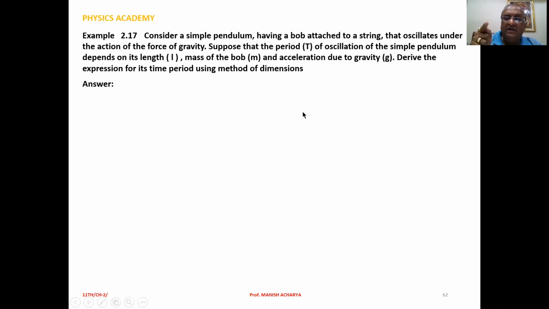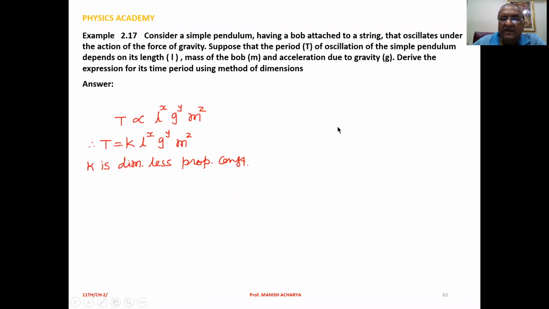The period depends on which physical quantities, that is also given to you. It may depend on the length of the pendulum, mass of the bob attached in the pendulum, and acceleration due to gravity. Clear to all of you? Now let's start.